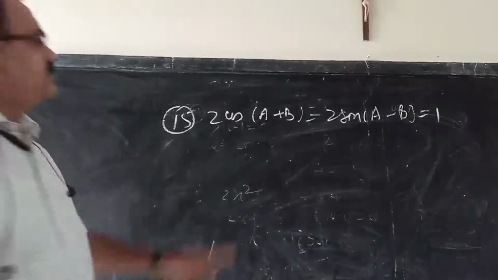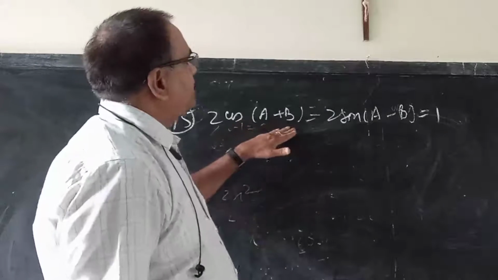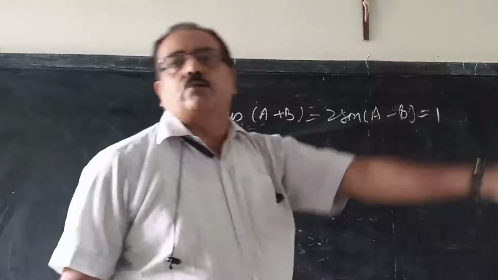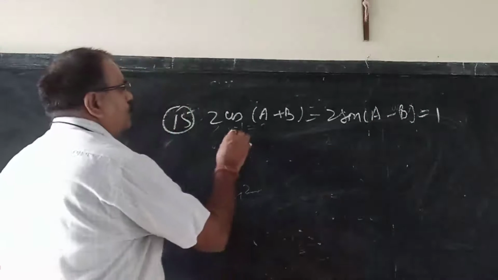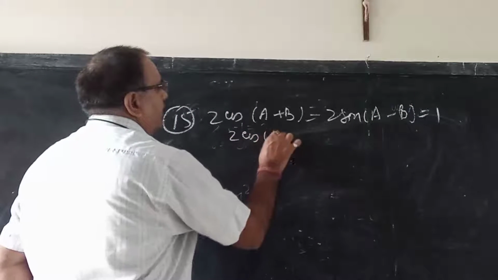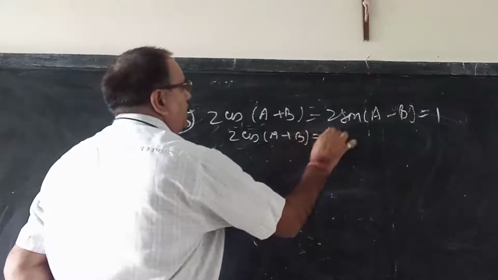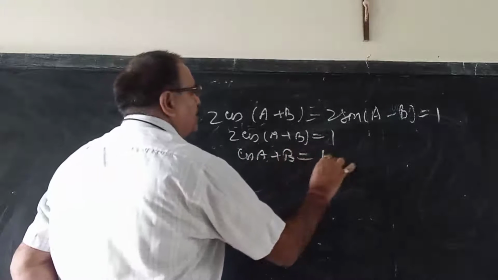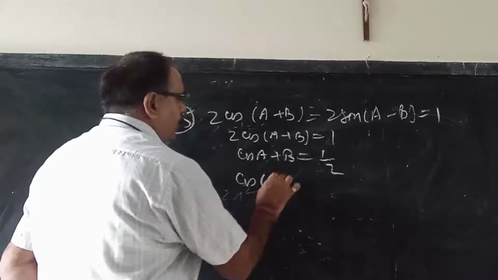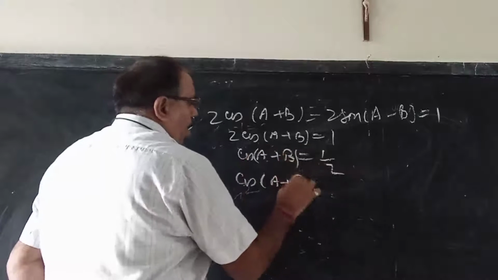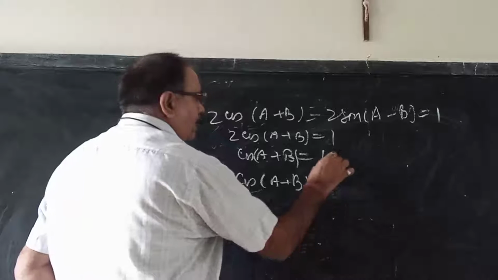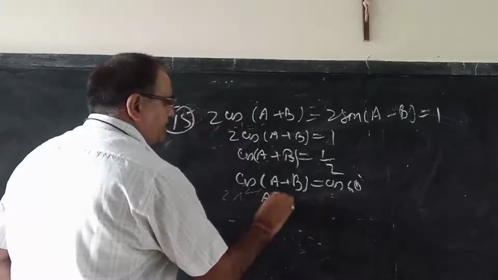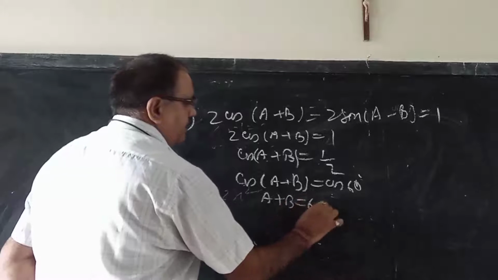Since 2cos(a + b) is equal to 1, and 2sin(a − b) is also equal to 1, one by one we will solve this question. 2cos(a + b) = 1 means cos(a + b) = 1/2. 1/2 means cos 60°, so a + b is equal to 60°.